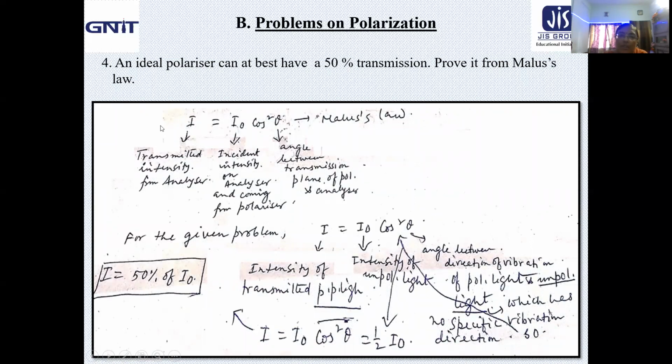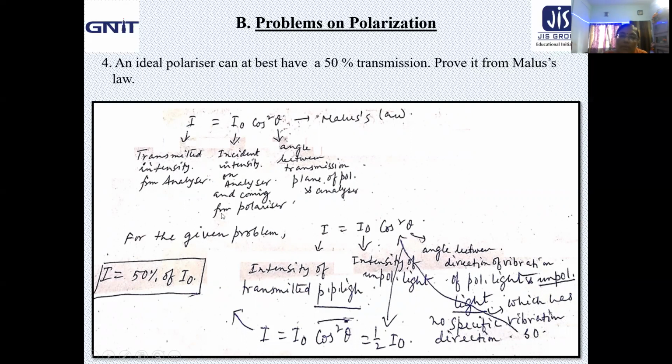That is our Malus's law, I equal to I0 cos square theta. We have discussed it. Now what about I? I is the transmitted intensity from the analyzer. What about I0? Incident intensity on the analyzer, definitely coming from the polarizer.